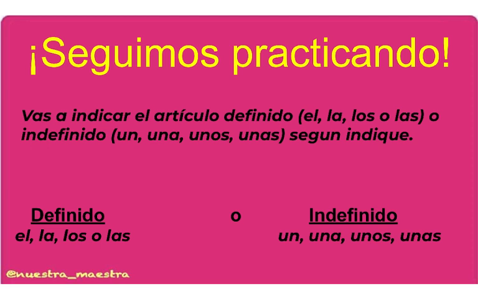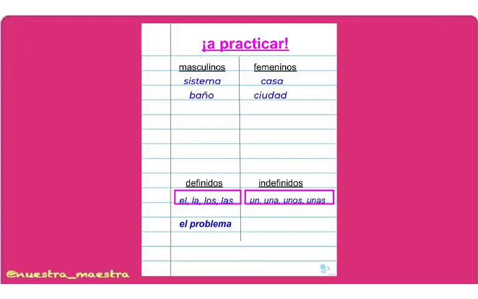Si son definidos, vamos a usar los or el for those articles. Your notebook should now look like this. Maybe you should draw a line at the bottom, a line across, and we continue with definidos and indefinidos and put them right under the list with their article.